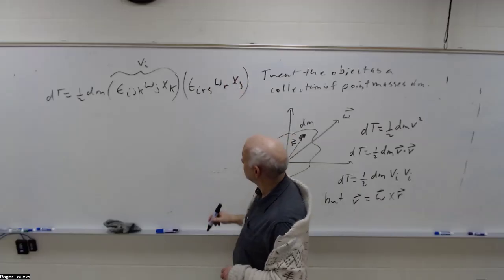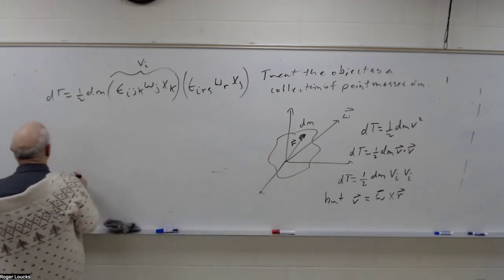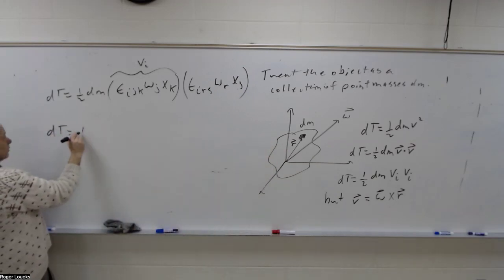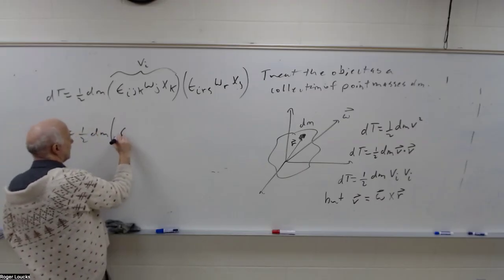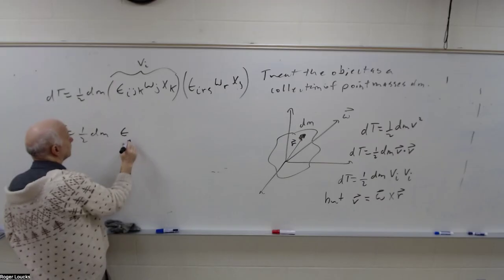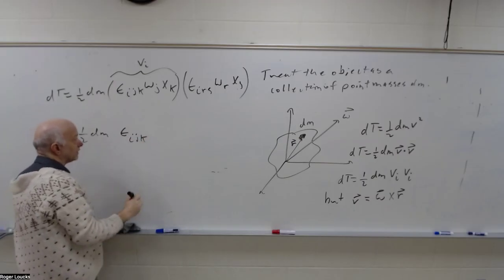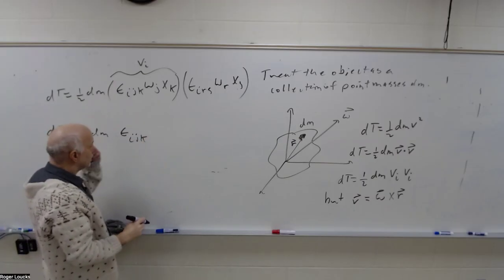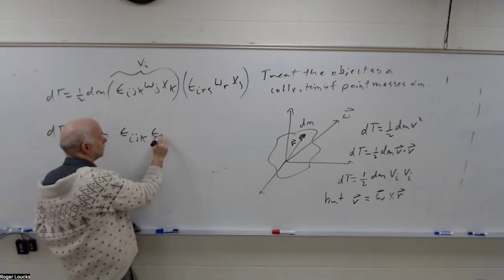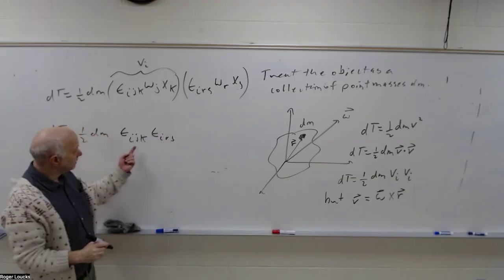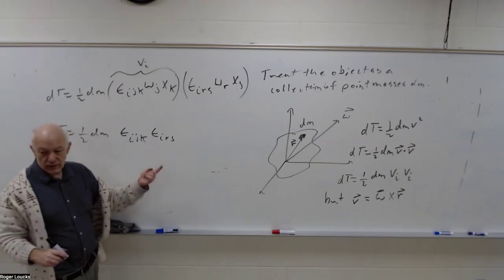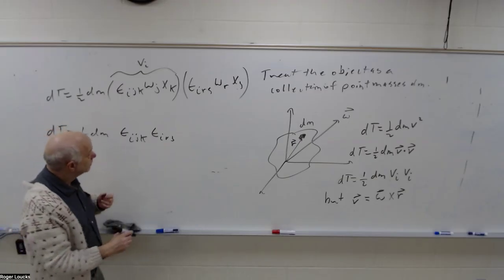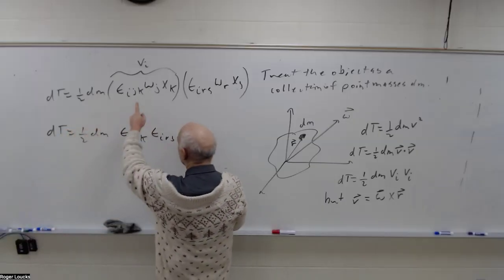Okay, so I'm going to rewrite this now. This is my dT equals 1/2 dm. I wrote this as epsilon_ijk, and then I can leave the epsilon here, epsilon_irs. The main thing is that the i's have to be in the same spot, here or at the end, to use that little theorem we have.